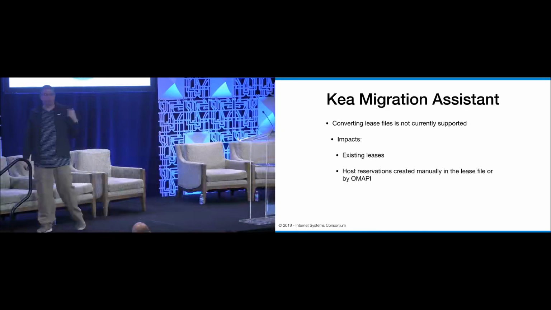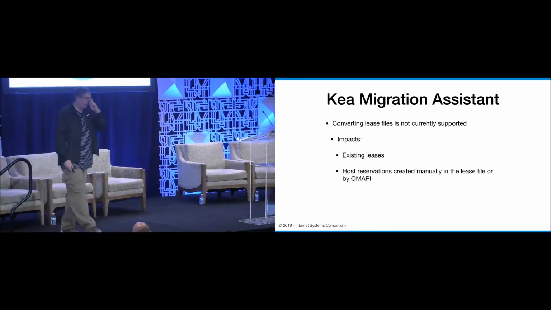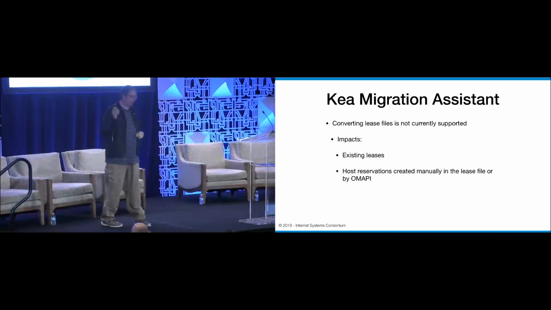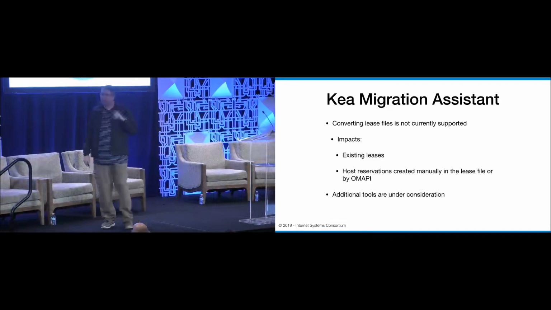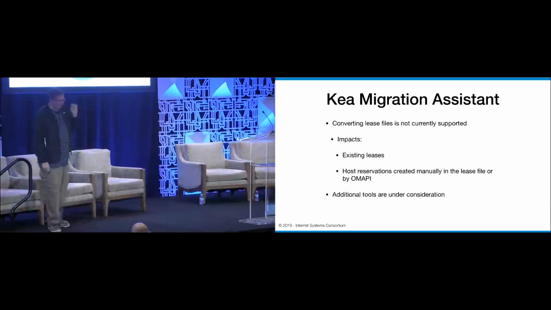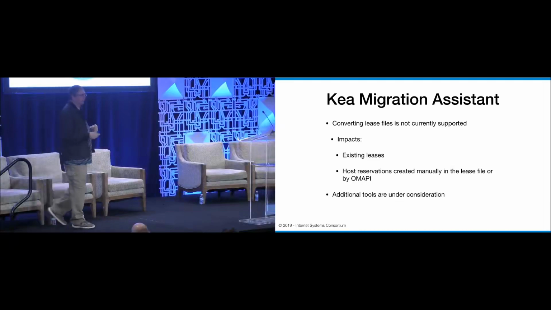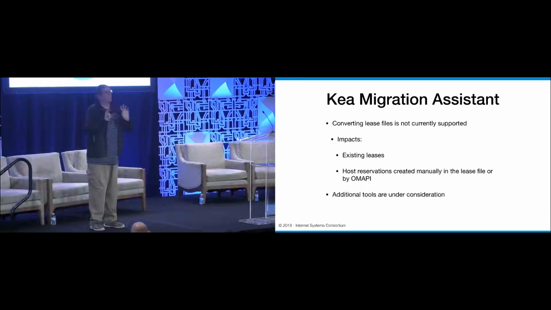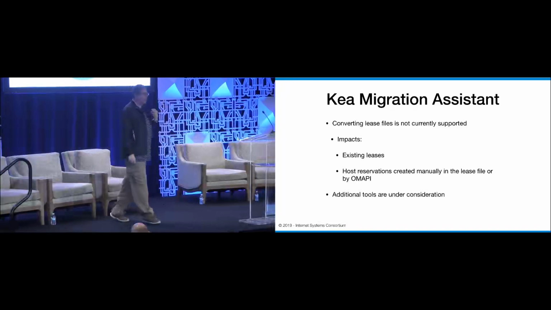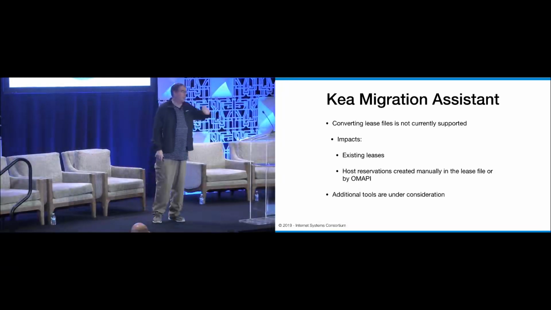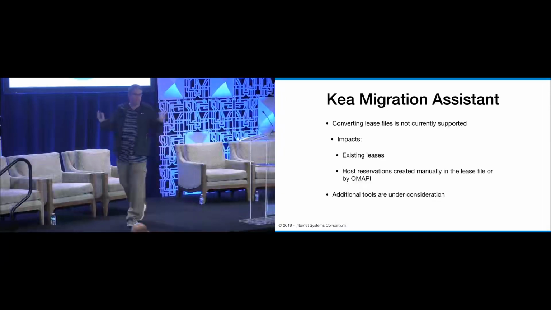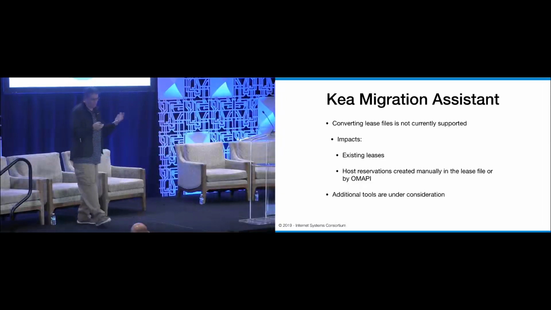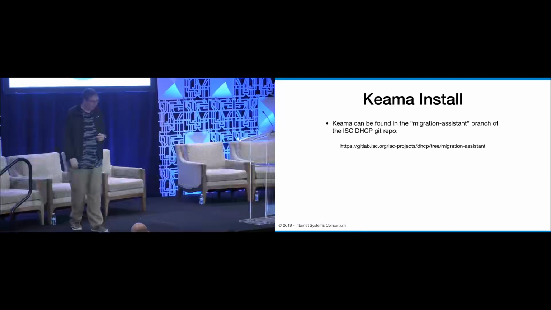Those are the only things that are really going to be affected by the lack of ability to move the leases file forward. ISC is looking at additional tools. There are a couple of technical issues, so you can't just slurp in the ISC DHCP leases file and spit out a Kea database, but it's being worked on, being looked at.